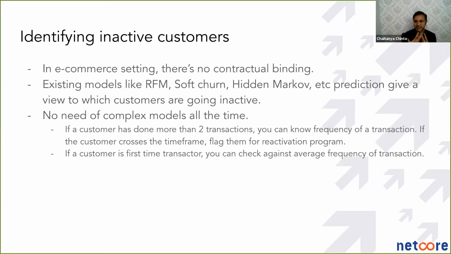And not every time you need a complex model again. Even if you're not exposed to any complex machine learning model to give you this data, just look at the frequency of the transactions if a customer has done more than 2 transactions. For example, if I were a grocery store growth marketer or a CRM head, the expectation is that the user transacts every month to buy monthly groceries.